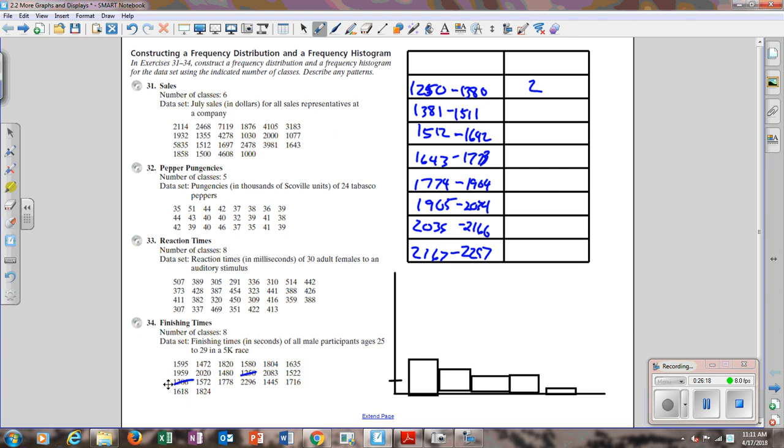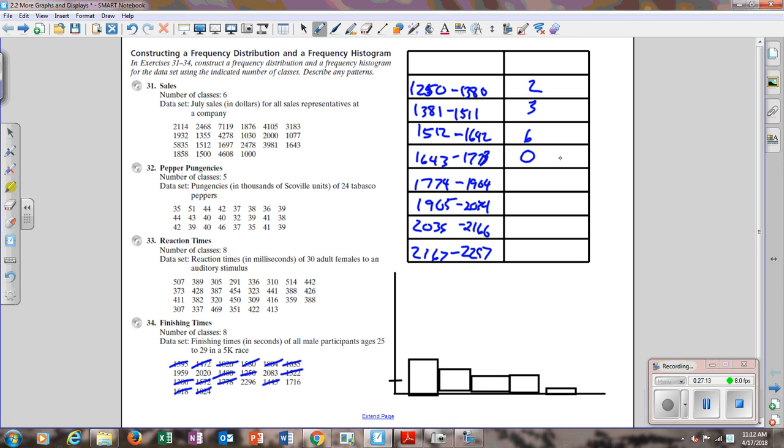1381 to 1511: 1, 2, 3. 1512 to 1692: 1, 2, 3, 4, 5, 6. 1643 to 1773: 9. 1774 to 1904: 1, 2, 3, 4.